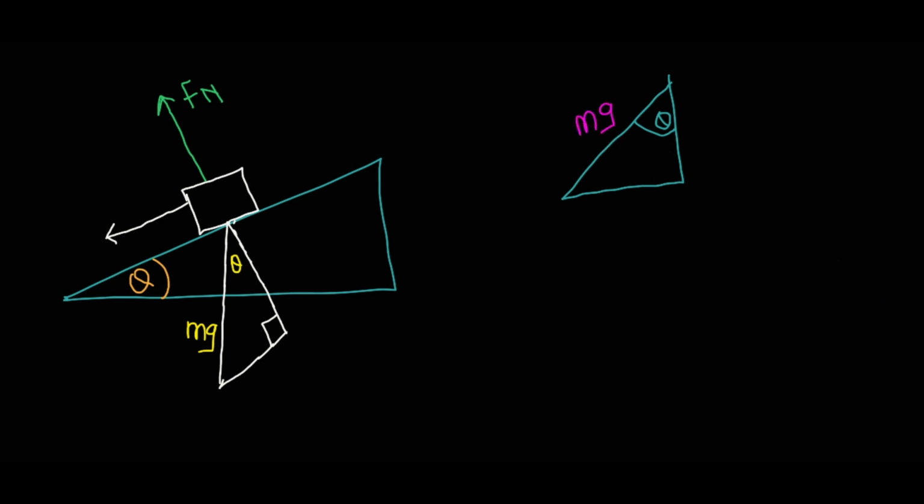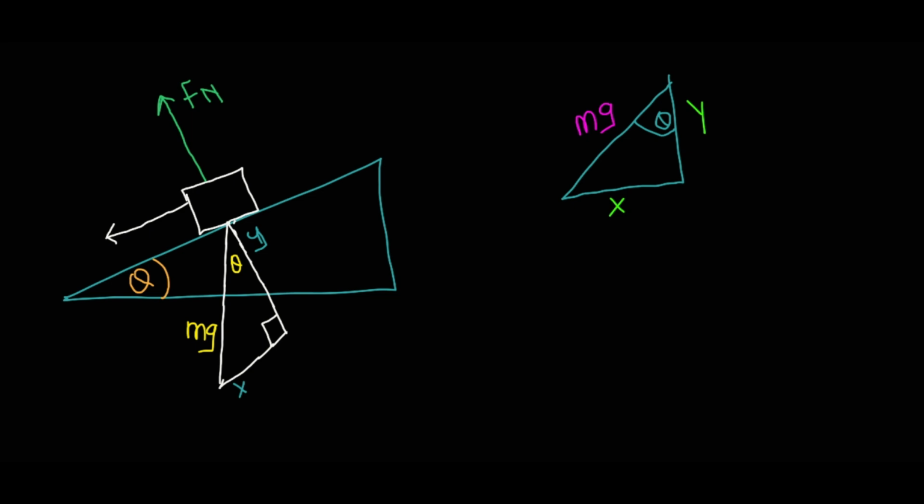And then let's say this force is x, and then let's say this one y. This one y, and then this one x. So we have x and then y.